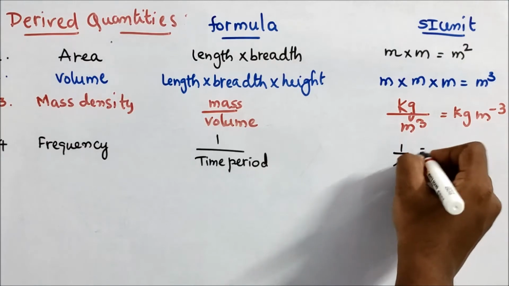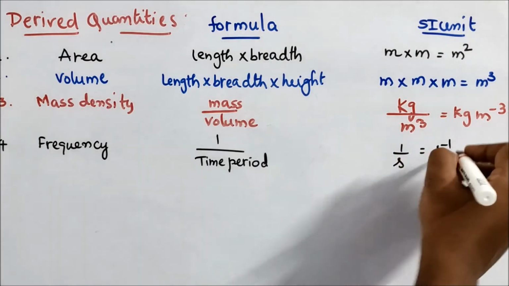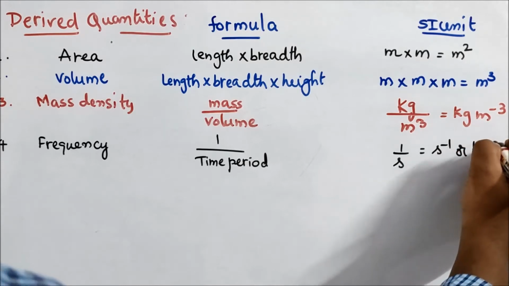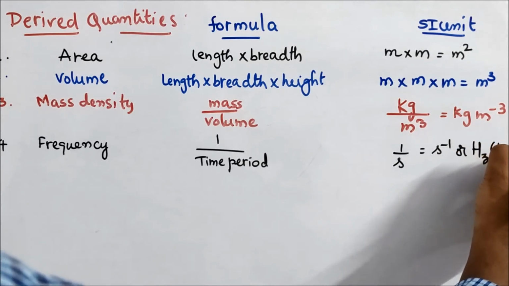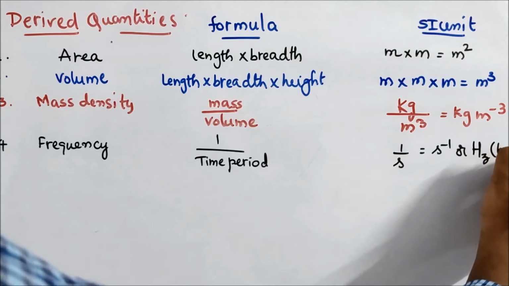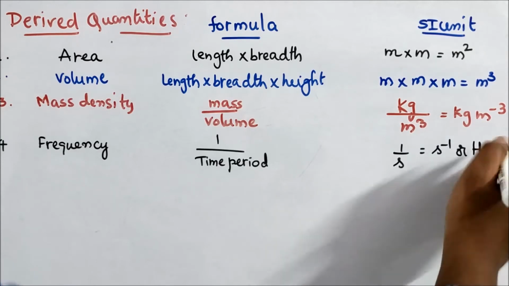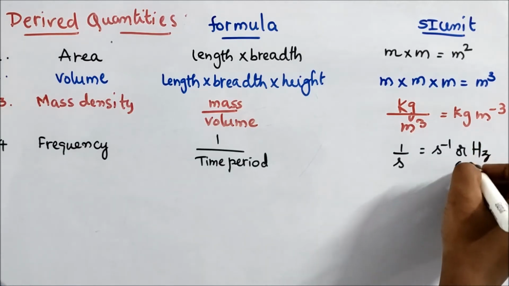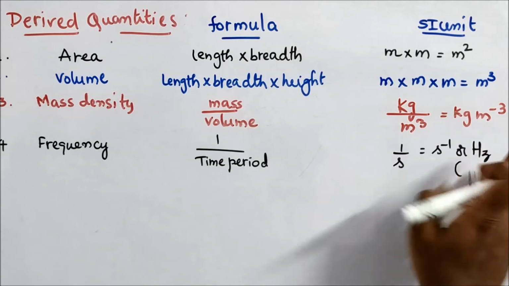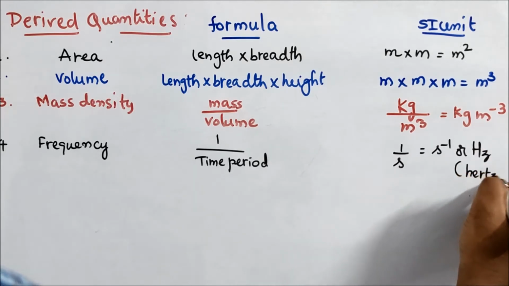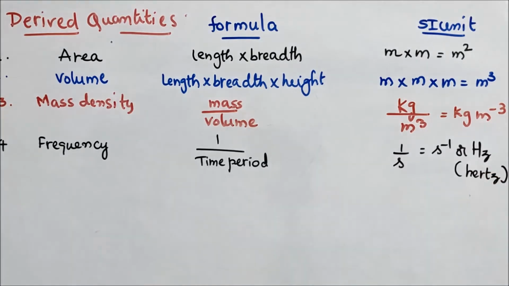So the unit is per second, or a special name is given to this: hertz. Hertz is the name of a scientist, hence the H you have to always write as capital while writing its symbol, Hz. So H should always be written as a capital.